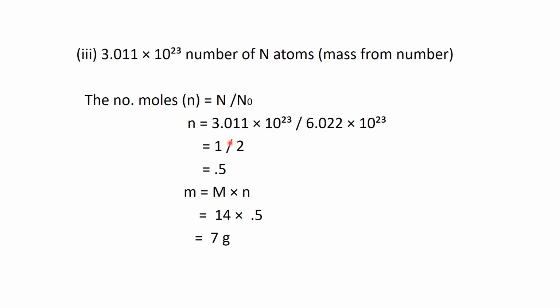So it will be 1 upon 2 because 10 to the power 23 cancels with 10 to the power 23, and 3.011 ones are, and this 2s are 6.022. So 1 by 2 is equal to 0.5. So this 0.5 you will write at the place of number of moles. Molar mass, you know that nitrogen atom has molar mass 14 gram. So given mass will be 7 gram. When you multiply 14 multiply 0.5, the answer will be 7 gram.